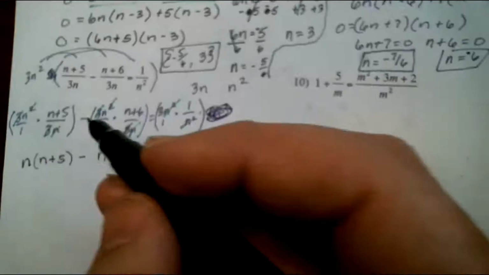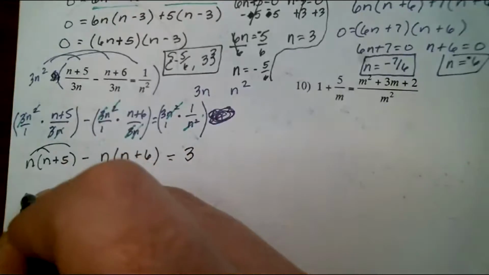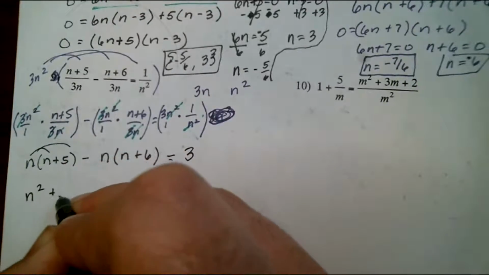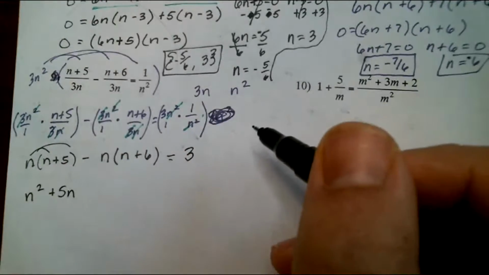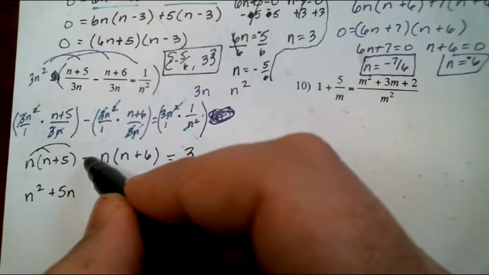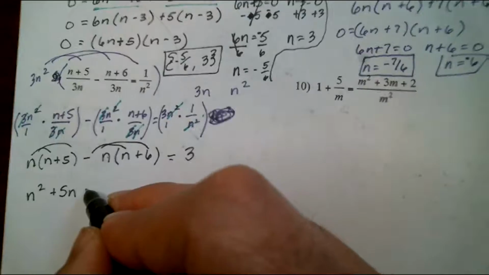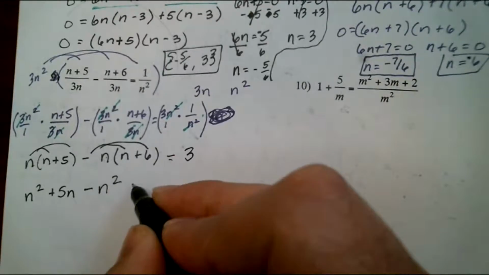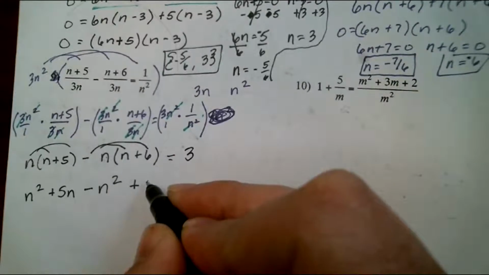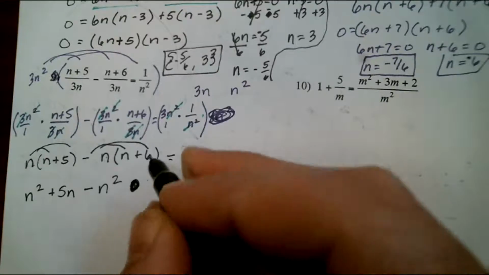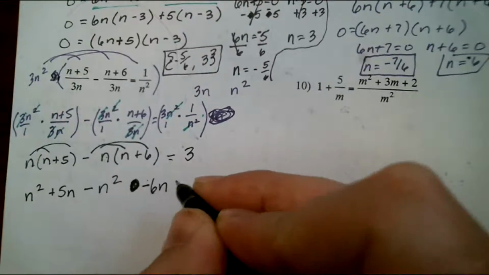So let's distribute. n squared plus 5n. And I can actually go ahead and treat that negative with that n and just say this times that and get negative n squared plus 6n. Or excuse me, minus 6n is equal to 3.